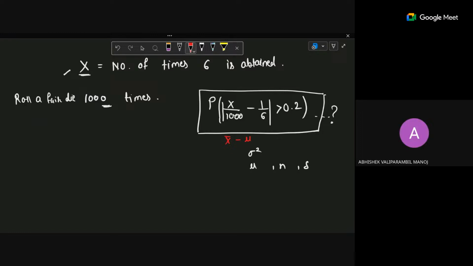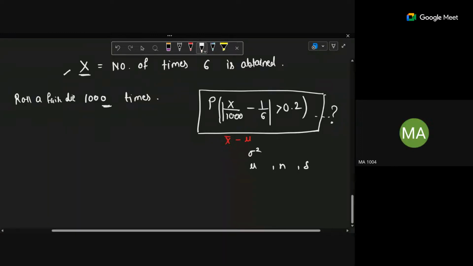May I ask what the distribution is here? The uniform distribution is 1 to 6, but we are interested in 6. You are considering rolling a die.